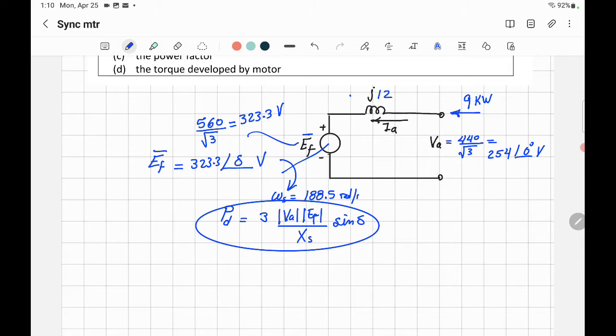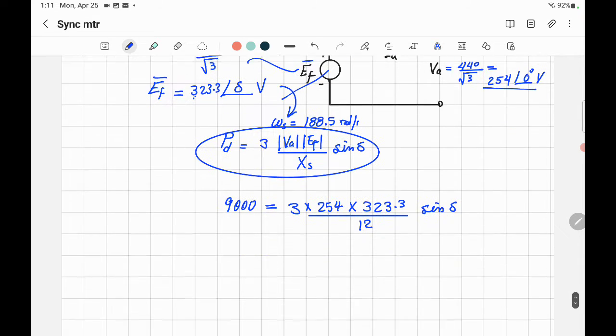So PD, it's three-phase, 9 kilowatts, so you can say that 9,000 watts is equal to 3 times VA, it's equal to 254, only take the magnitude, times EF 323.3 divided by XS, which is 12 ohm, and sine delta is the unknown.